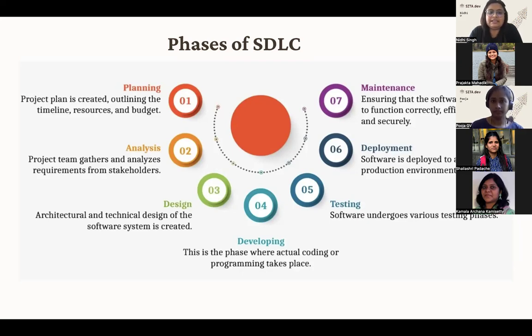If I take the rank, first is the agile model, then verification and validation, because it's confusing what is verification and what is validation, and then the spiral model comes.